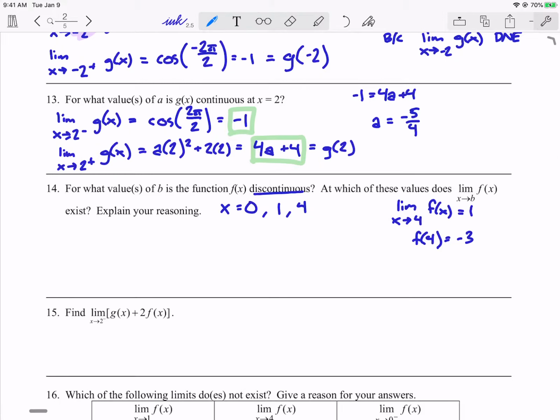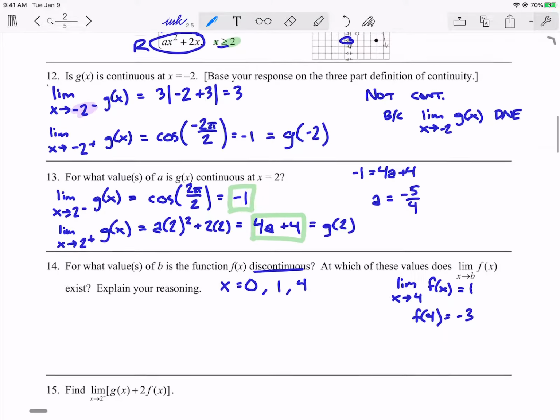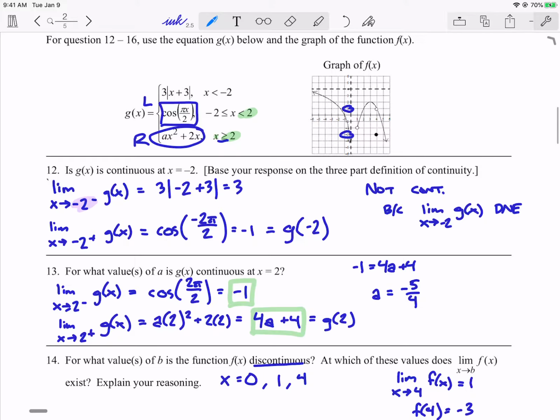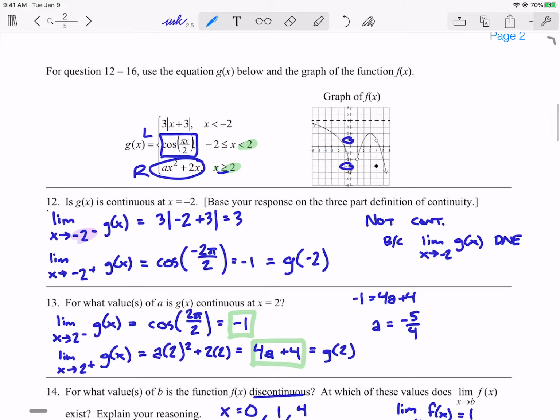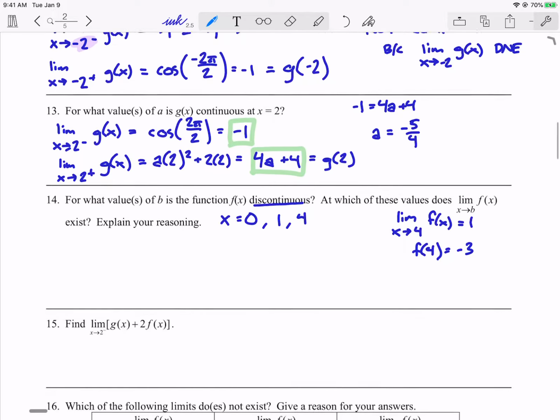Now this last problem is asking me to find the limit as x goes to 2 from the left of g of x plus 2f of x. So I'm going to 2 from the left. That was a positive 2, correct? 2 from the left. I did that once in this boxed component, and I got -1.